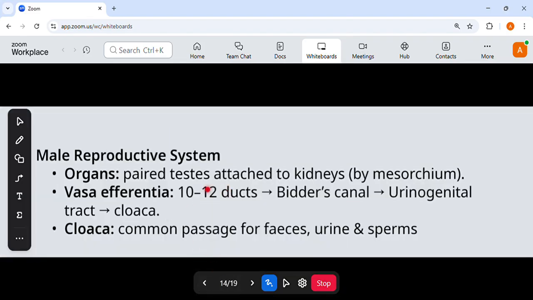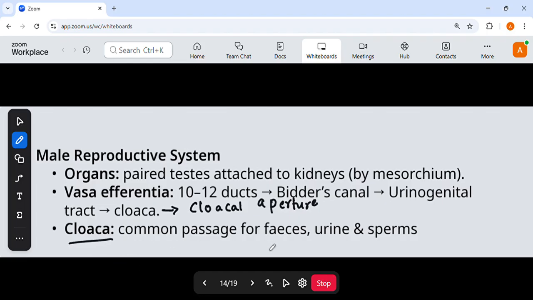So, paired testes attached to the kidney by the mesorchium, which is a fold of peritoneum. Then vasa efferentia, 10 to 12 ducts, open into Bidder's canal, then the urinogenital tract, cloaca, and then the cloacal aperture. From the cloaca, it opens to the cloacal aperture.